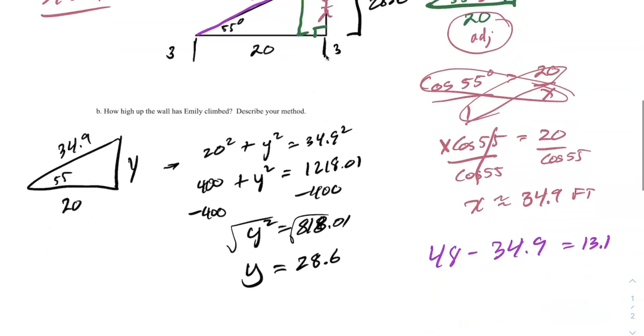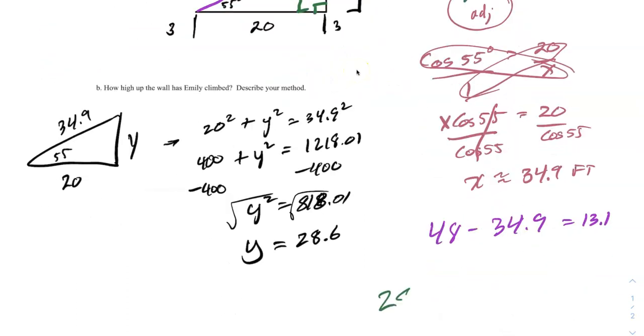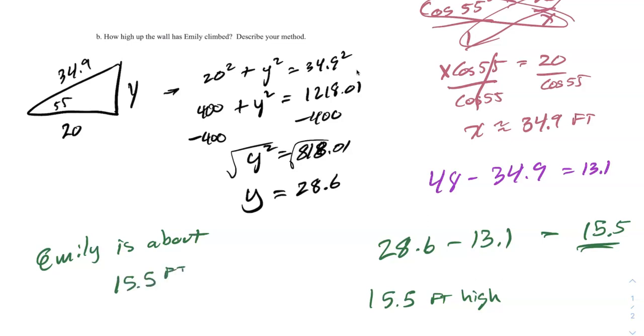We know this whole side is 28.6, and we're going to subtract off the 13.1. That gets us 15.5. So Emily is about 15.5 feet off the ground. And that's the problem.